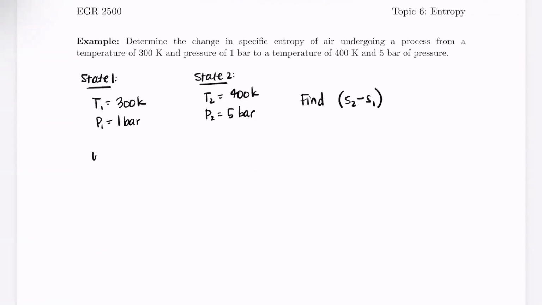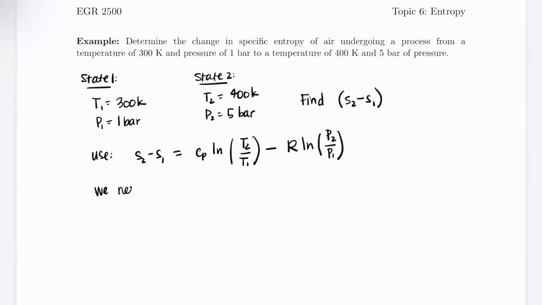So we will use s2 minus s1 is equal to CP times the natural log of the temperature ratio, minus R times the natural log of the pressure ratio. For CP, that's the only thing that's missing here, so we need to find CP.